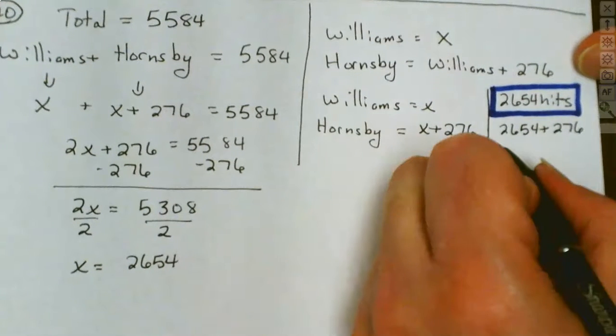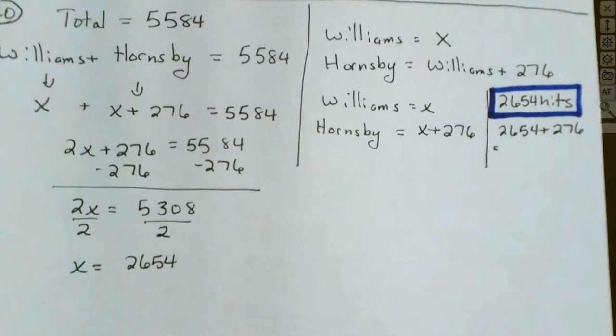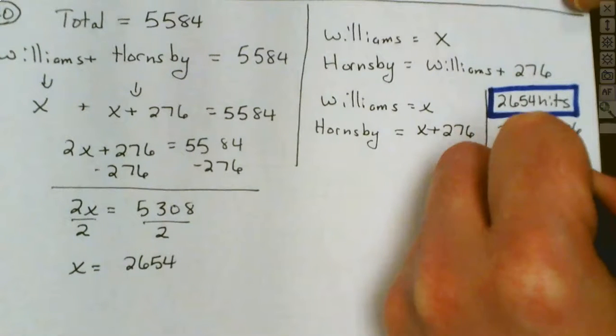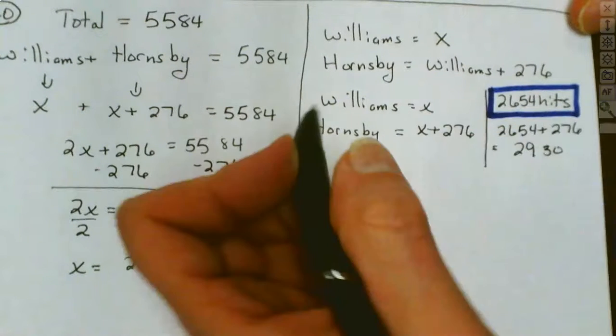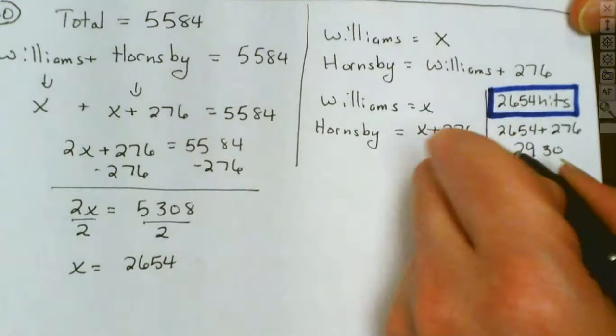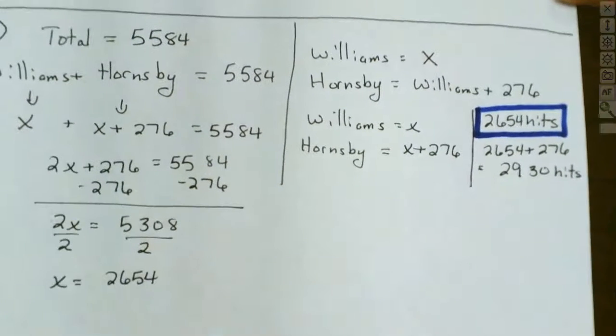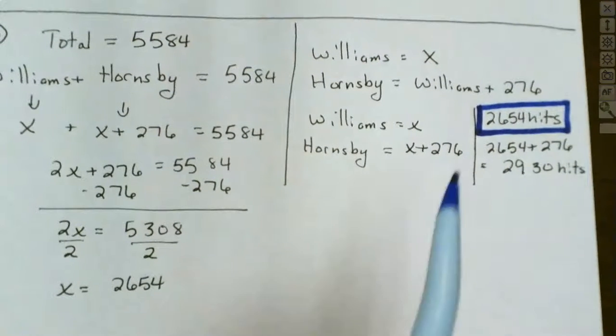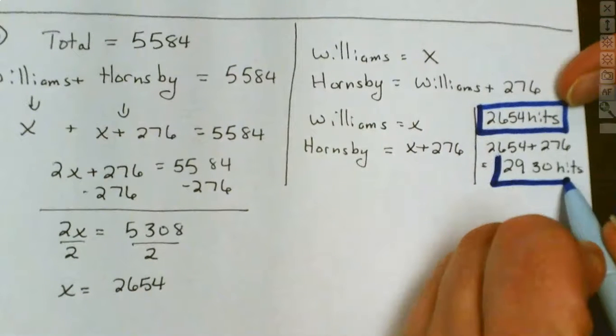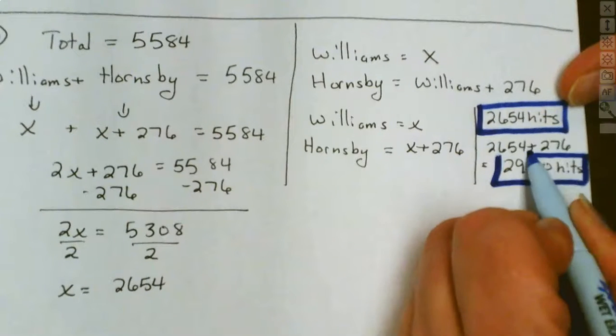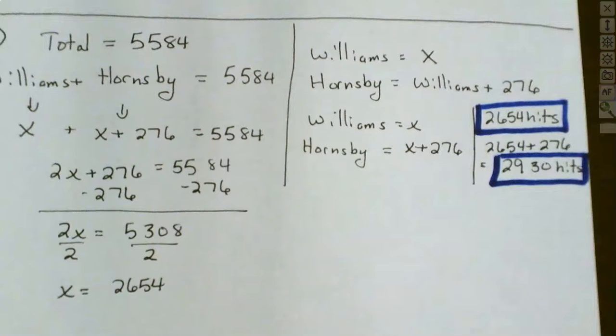And that gives me then the total hits for Roger Hornsby to come out to be 2,930 hits. So those are actually a little bit easier, I think, than the perimeter problems.